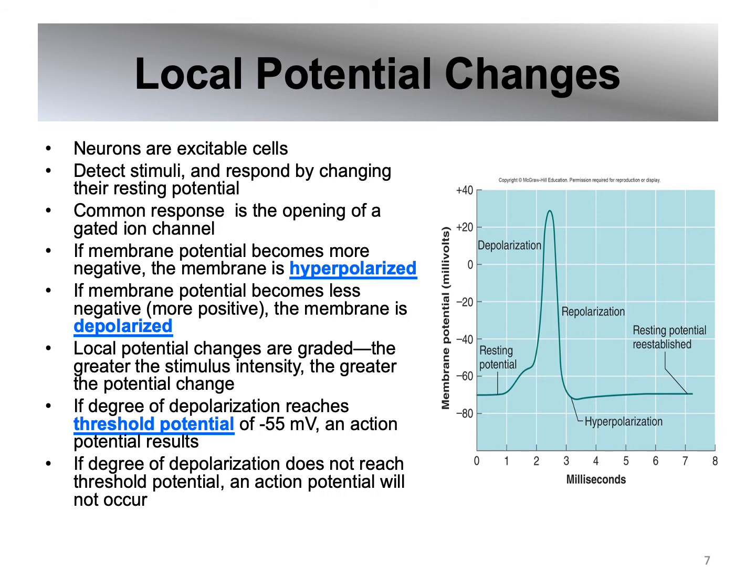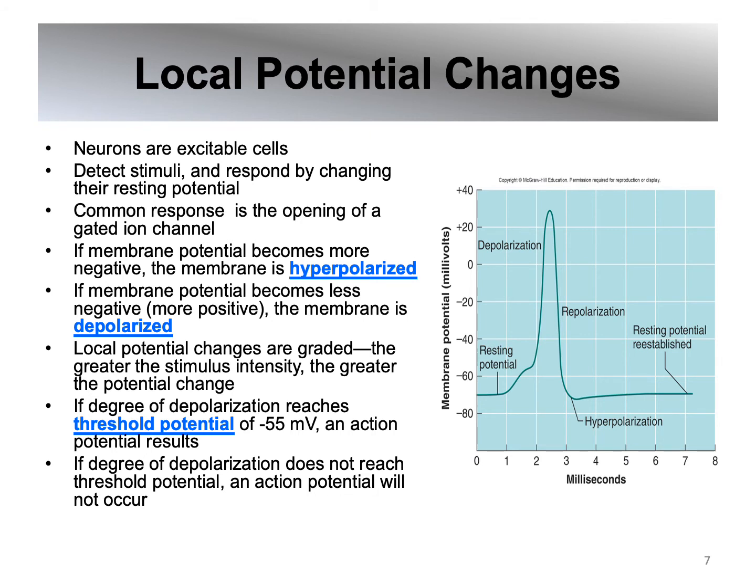Common response is the opening of gated ion channels. If membrane potential becomes more negative, the membrane is hyperpolarized. If membrane potential becomes less negative, getting more positive, the membrane is depolarized.